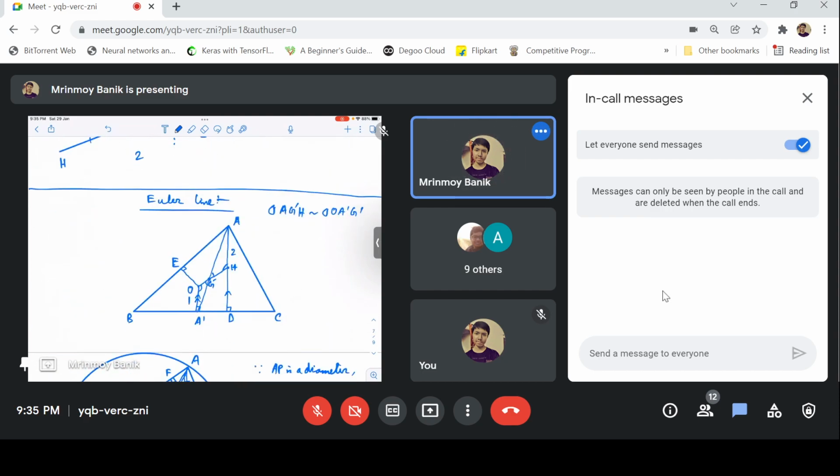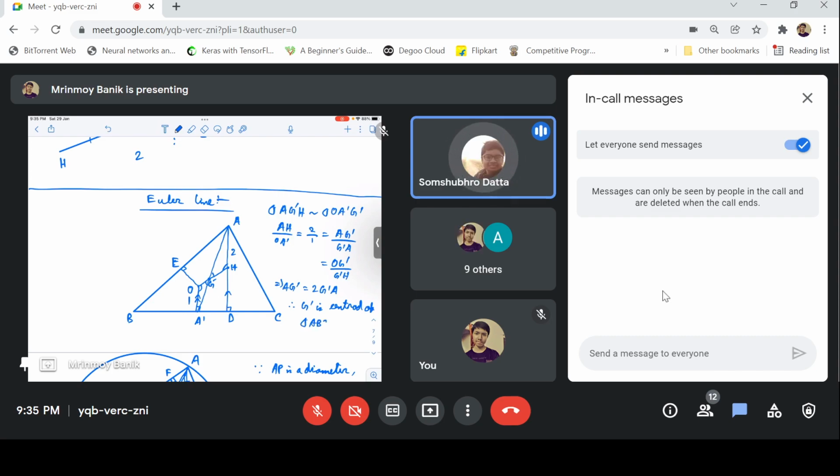So AH by OA bar equals 2 by 1 equals AG bar by G bar A bar equals OG bar by G bar H, which implies AG bar is twice G bar A bar. So G bar is the centroid of ABC.